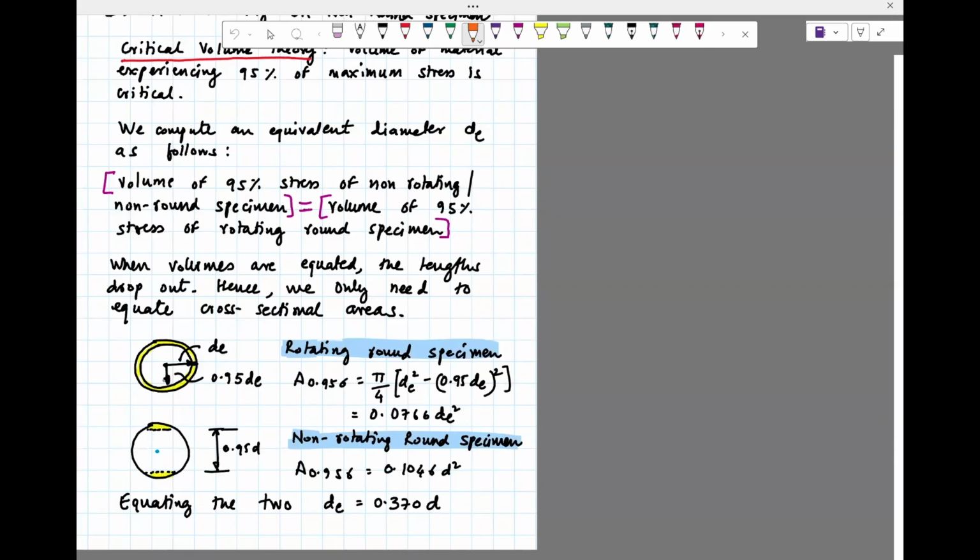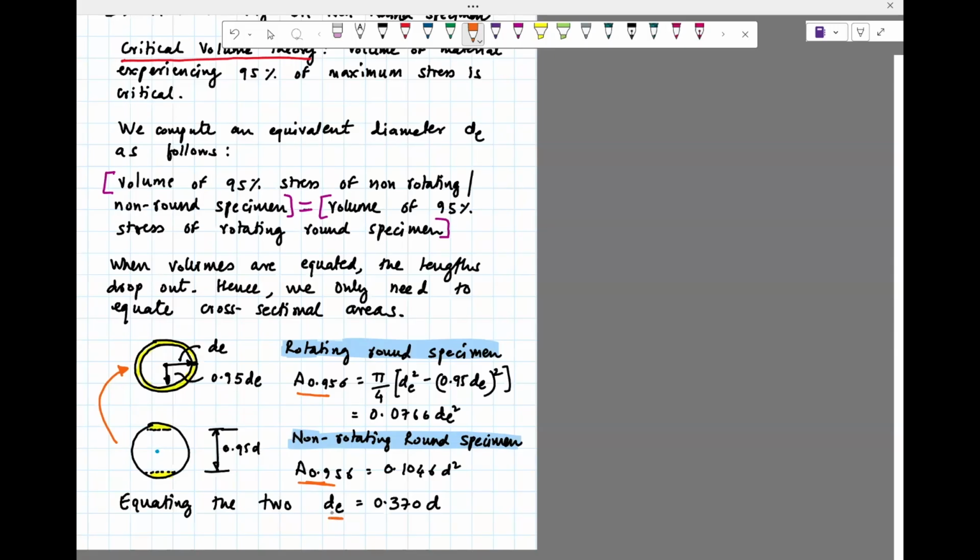So what is the effective diameter if you map this area to that one? That's basically the critical volume theory. By mapping that, you can see the area computed here is mapped to this area, and you can find the equivalent diameter.